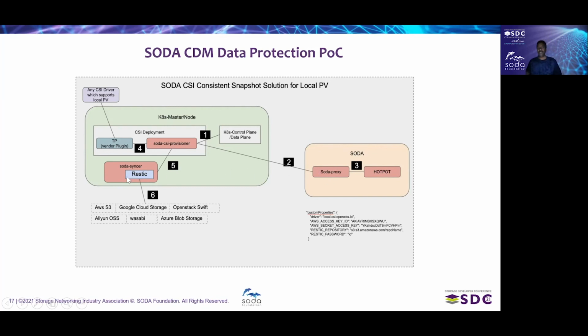And then we have created a small module called SODA Syncer based on Rustic. And you can do on-premise data snapshot at file system level, and write or take a backup snapshot to any of the clouds, like S3 or Wasabi, Azure, and so on and so forth. So this is a high-level diagram. This is at a POC level.